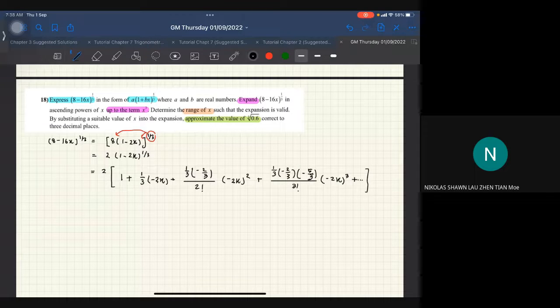Settle. Okay, so let's simplify this term yang kita ada. Okay, so salin je 2 tu dekat depan.